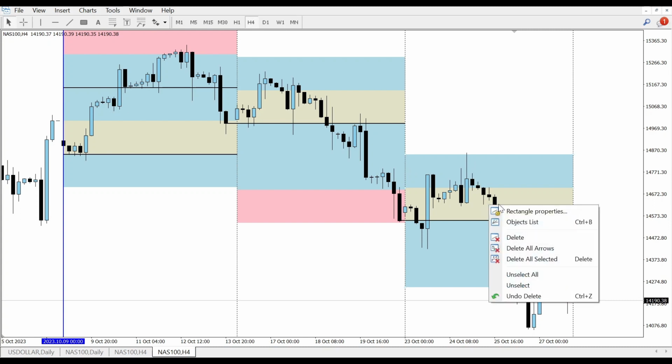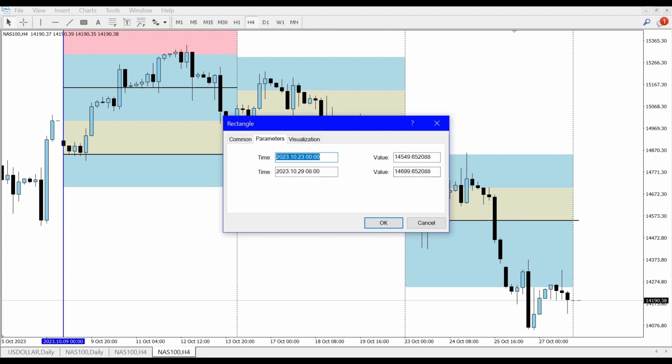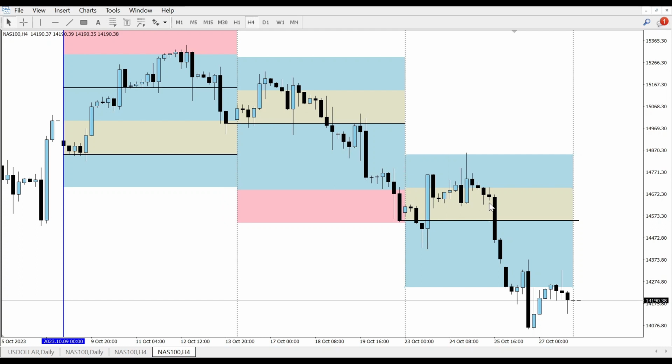So we need to properly adjust it. So 14849.96 plus 150 pips. So we're gonna have 14699.96, and that would be our lower premium.